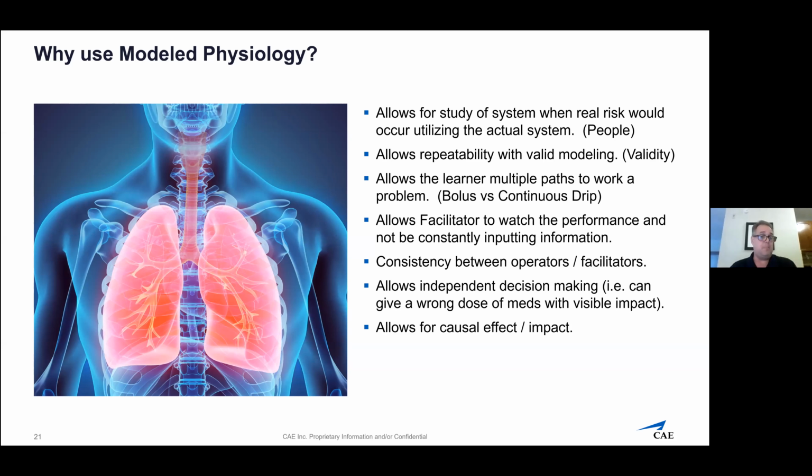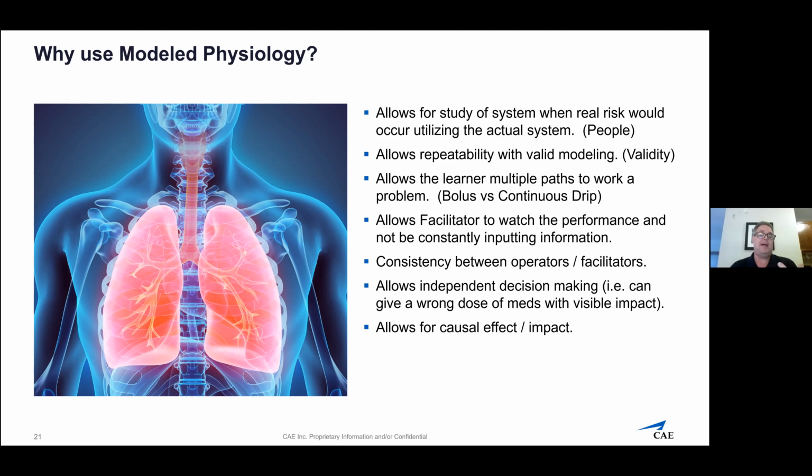Whereas if you're using modeling and the model runs the show, if the learner does X and all your parameters are the same, guess what? It's always going to show the same way, and the only variable will be what the students do, which I think is a little bit cleaner.